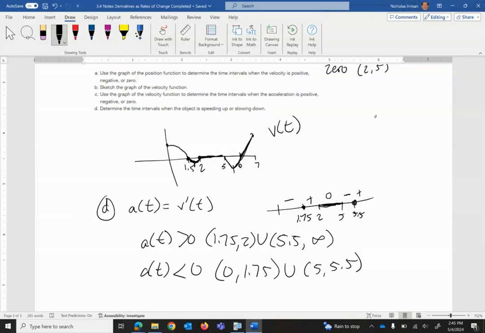Am I slowing down? Me slowing down means my acceleration is negative. So I can still have a positive speed. I can still be moving forward, but my acceleration can be negative because I'm slowing down. I am still going forward, but a negative acceleration just means my foot's coming off that gas pedal, and my car is slowing down.